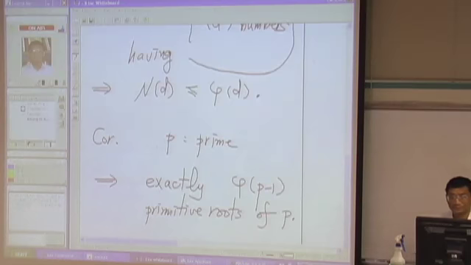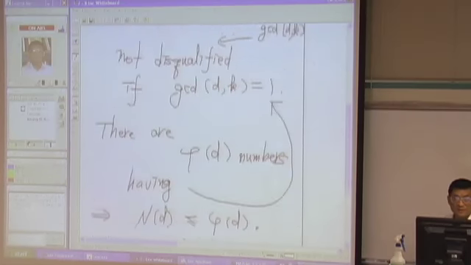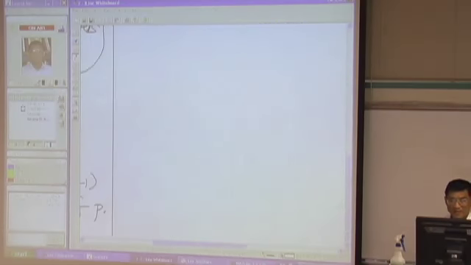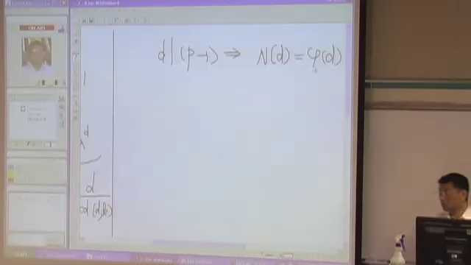Take a look. D is a divisor of P minus 1. I wrote down that thing before. So I will go back to the previous theorem that I proved. If D divides P minus 1, then n of D is phi of D was the one that I proved, right?